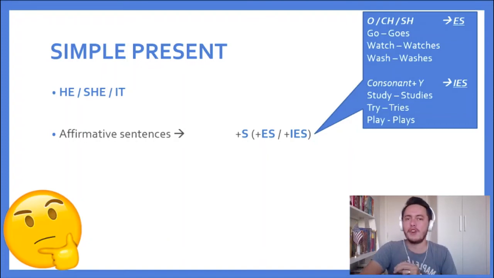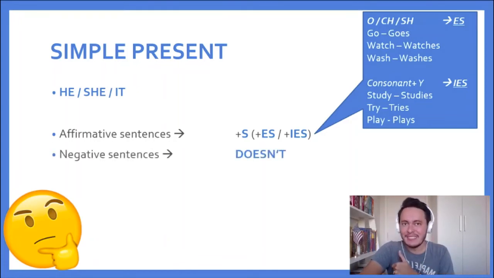Now, if the verb finishes with Y, preceded by a consonant, you change this Y for an I, and then you have IES. For example, studies, tries. And you notice that play doesn't change much, right? You just put an S. For example, he plays. Y preceded by a vowel doesn't change, all right?